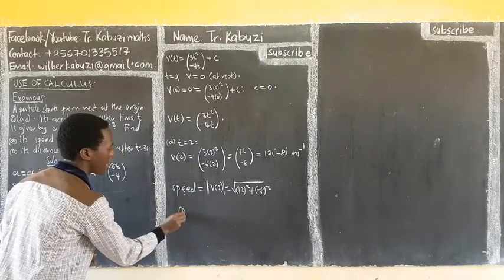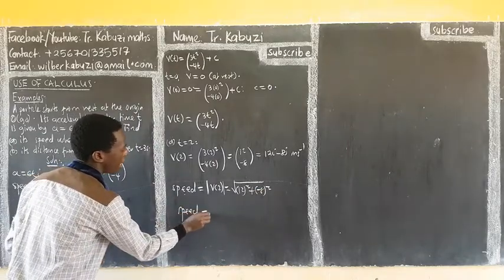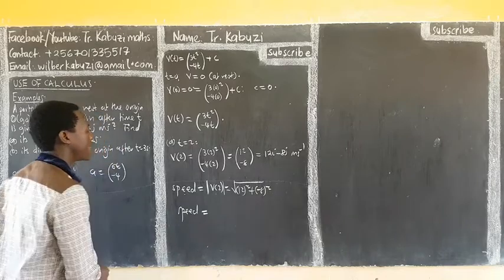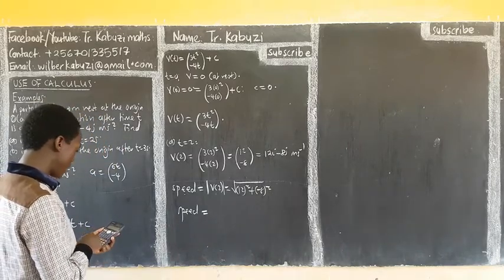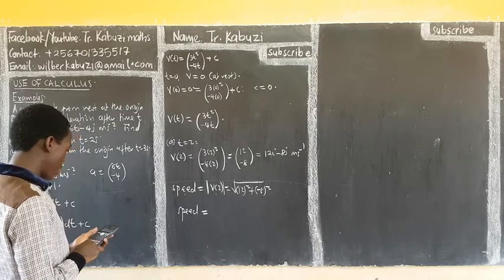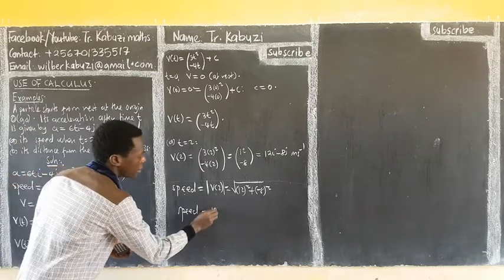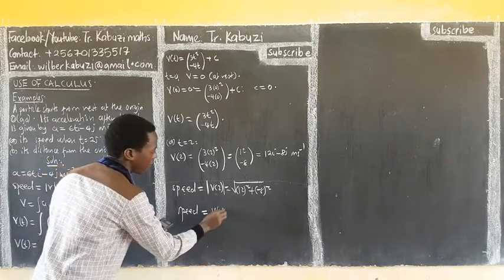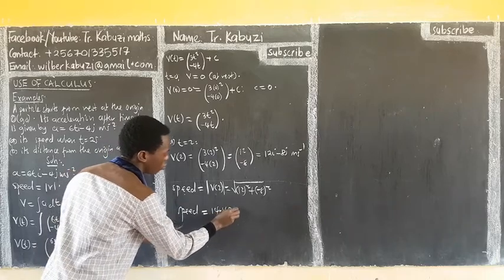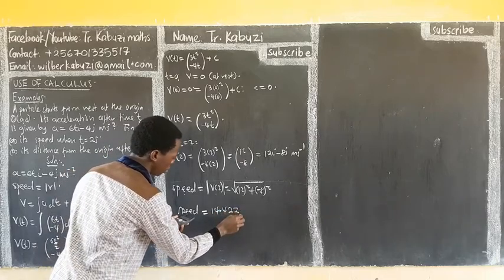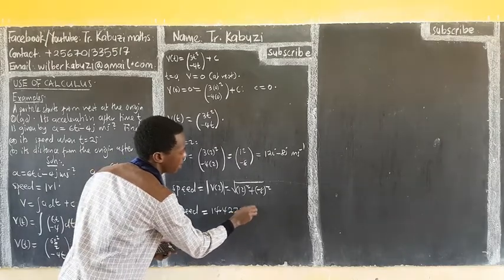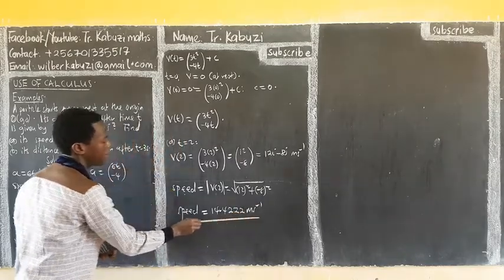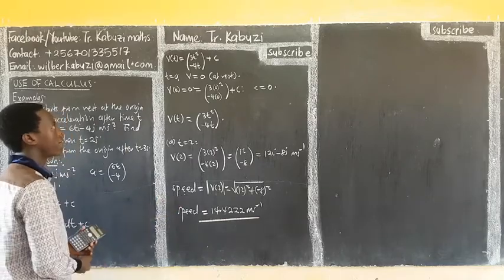So our speed after 2 seconds is going to be the square root of 144 plus 64, which is 14.422 meters per second. Speed is the magnitude of velocity.